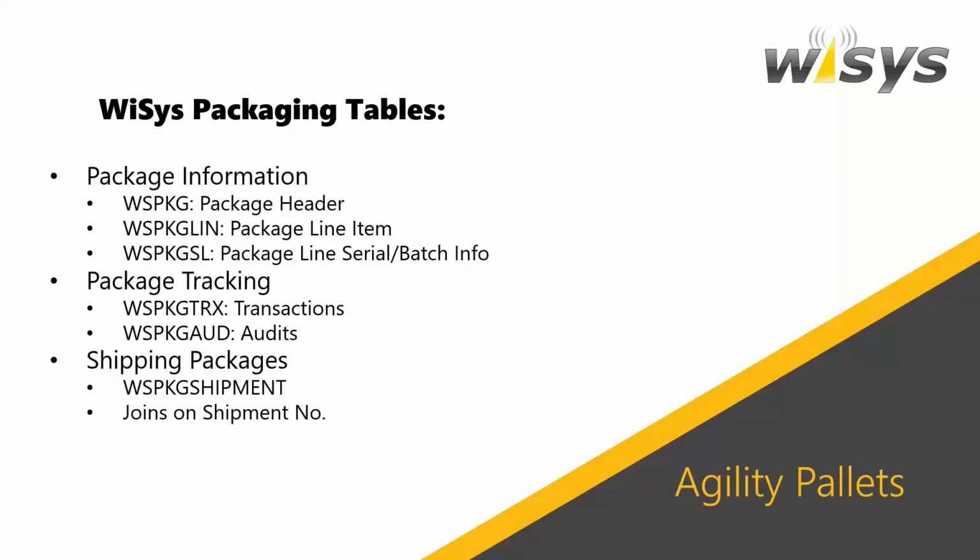So you can look at that one more like tracking the life cycle of the specific package, so you can see every movement, everything that happened to that package. It's a little bit easier to do that in WSPKG audit, whereas WSPKG transaction might be a little bit better for looking at every transaction performed by a certain employee, in a certain time window or something along those lines.